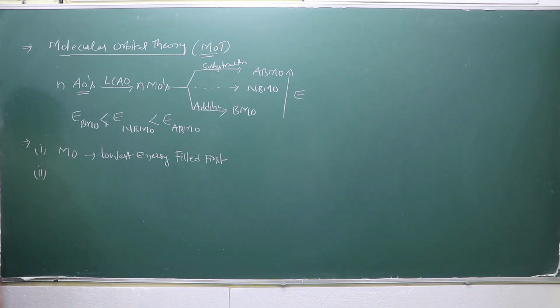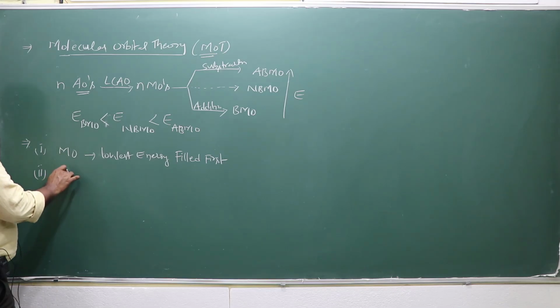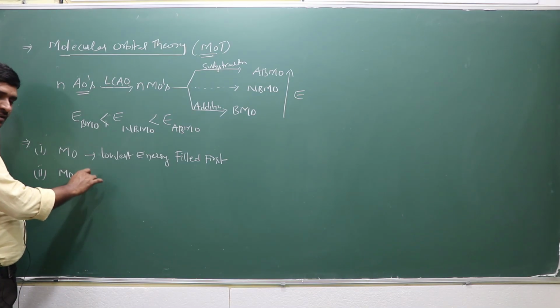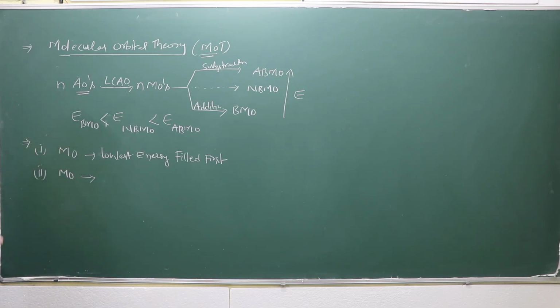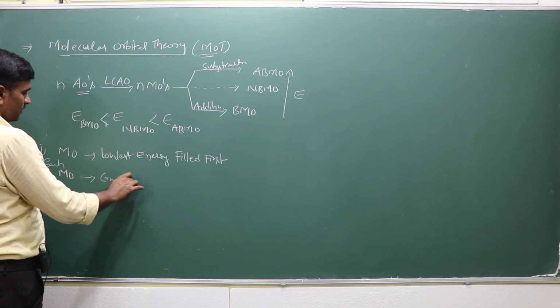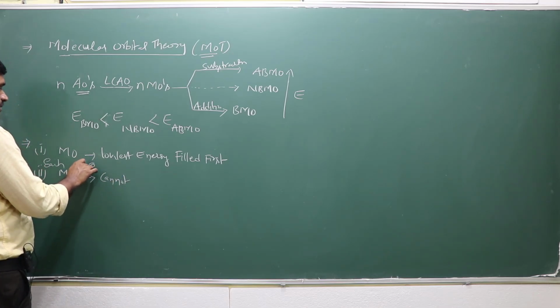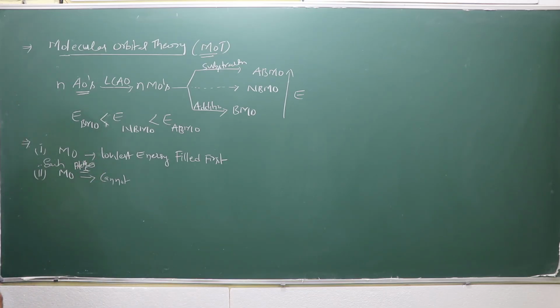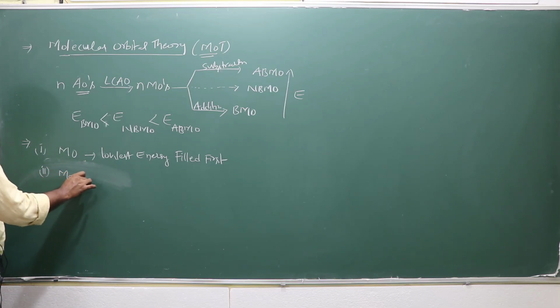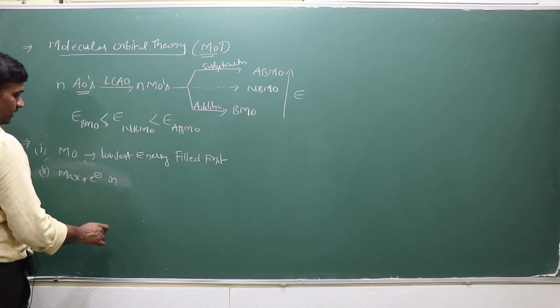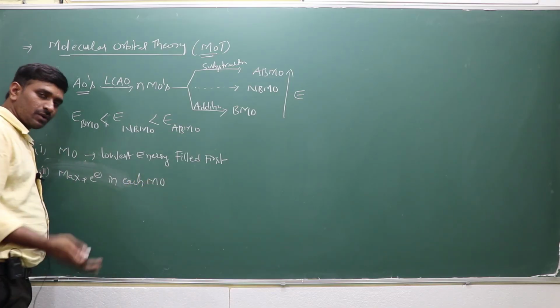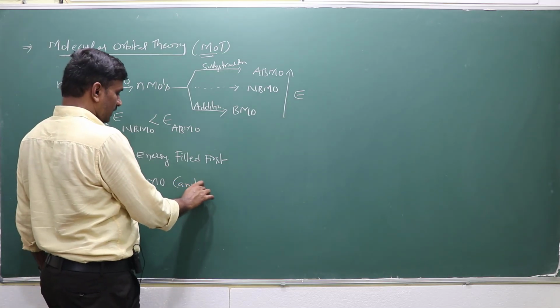Second concept: in each molecular orbital, whichever molecular orbital you take, the maximum number of electrons cannot exceed 2.